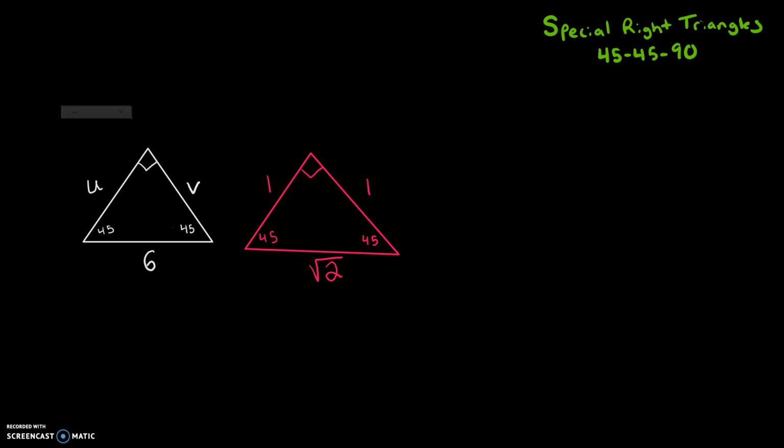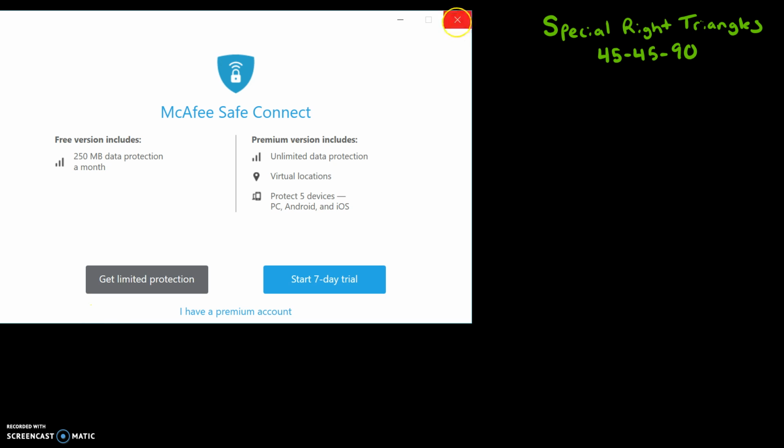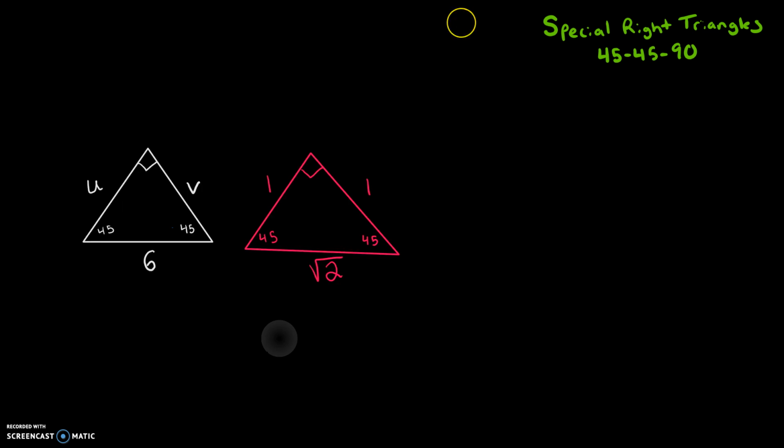So I will say that u over 6 is equal to 1 over the square root of 2. Cross multiply and solve.